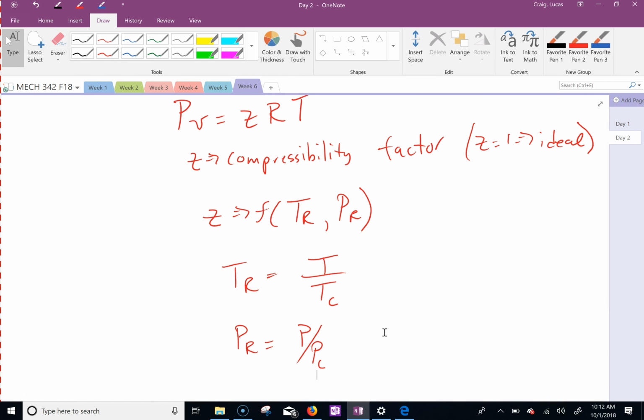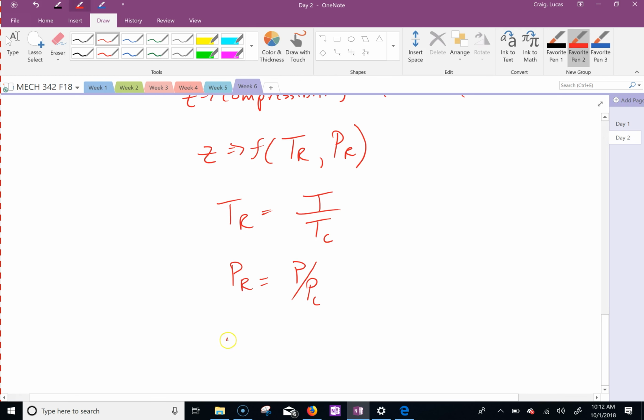Oh, and we might as well give you one more, just another equation. VR is V PC over R times TC. All right, and these are just the steps. If the problem is saying it's a non-ideal case, this means the gas just expands differently.